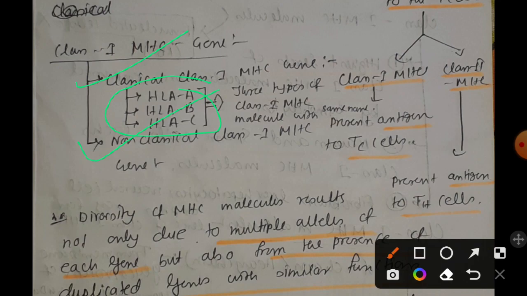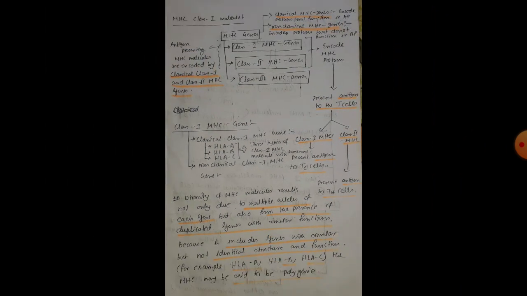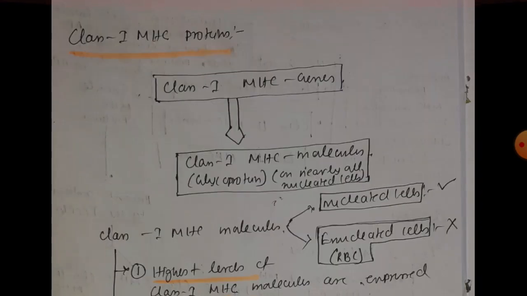I hope you know the full form of HLA, that is human leukocyte antigen. These 3 genes together will produce 3 class 1 MHC molecules. Non-classical class 1 MHC gene will not take part in antigen presentation. We are not bothered about it. So that is the first part. Now let's move on to the second.